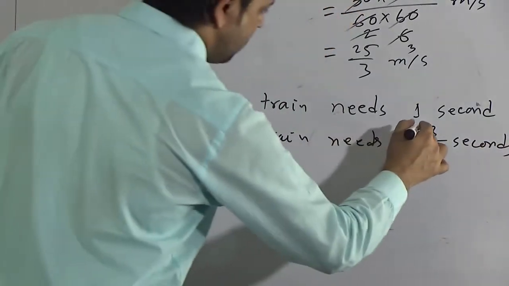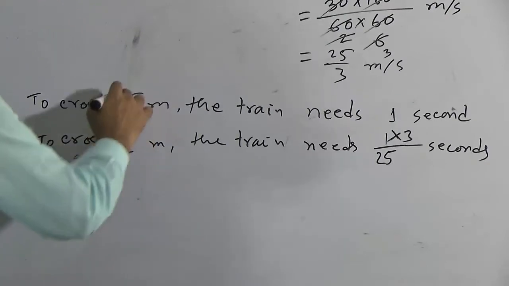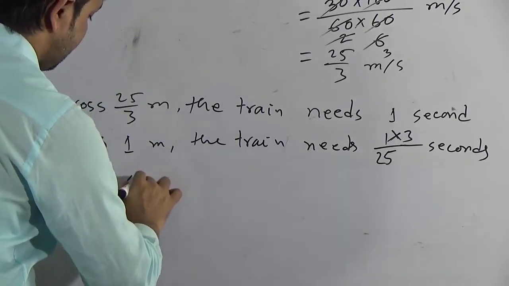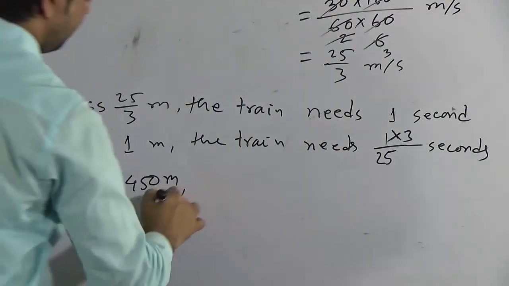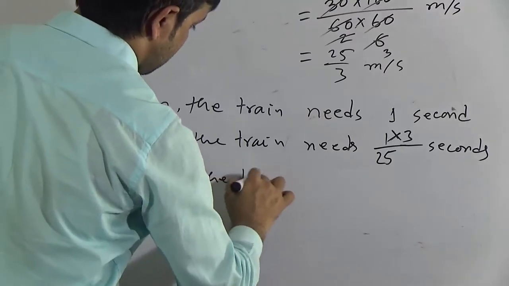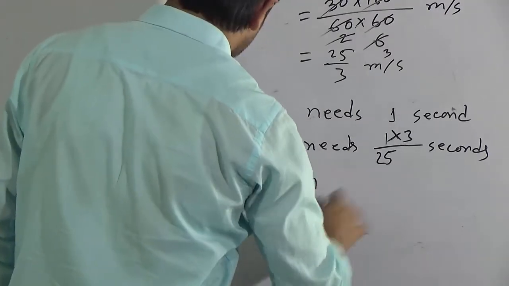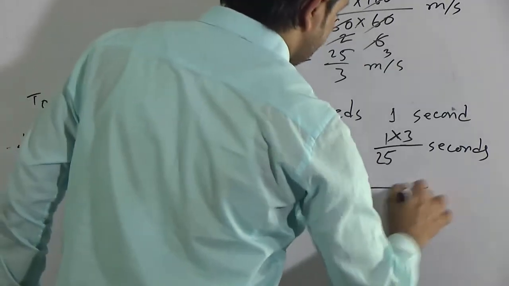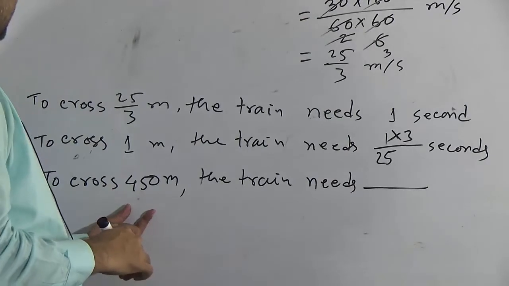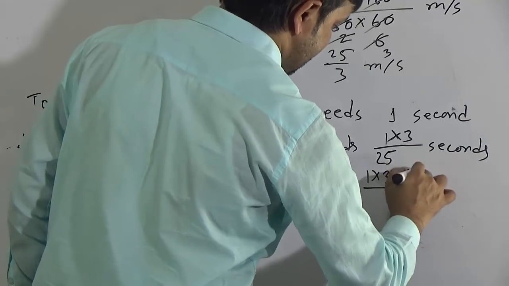Now we can write here, to cross 450 meter total to cross the bridge, the train needs, so we have to multiply now, as the distance increases, so we need more time, so we have to multiply by 450.